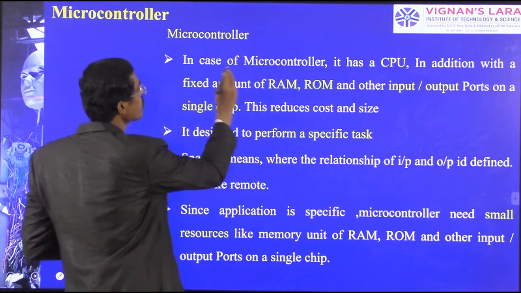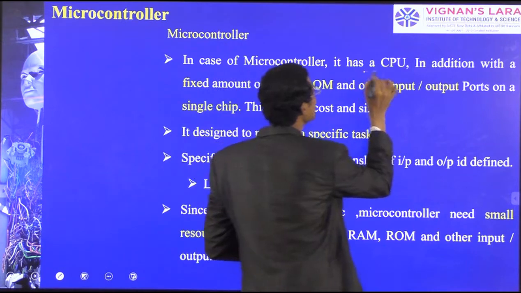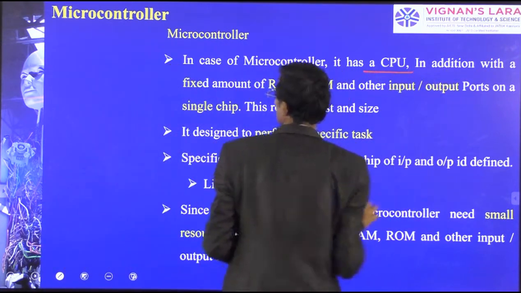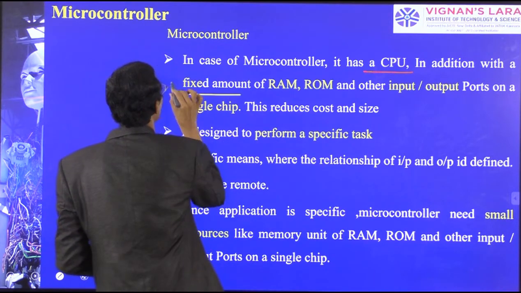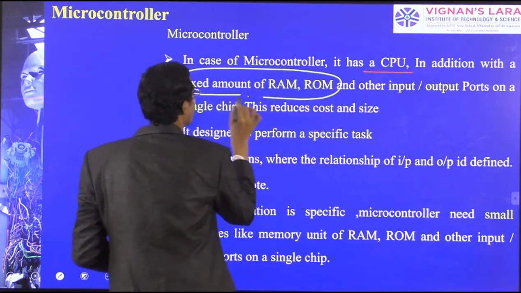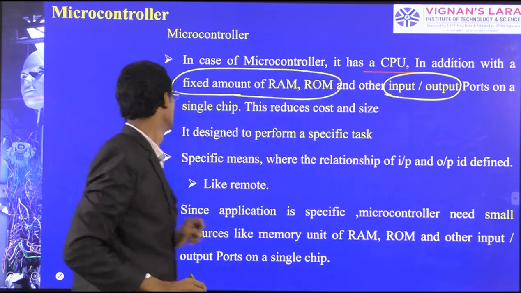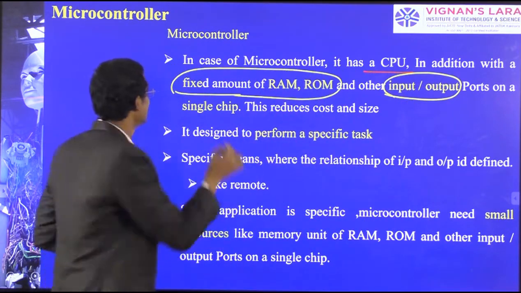In the case of a microcontroller, it has a CPU, in addition with a fixed amount of ROM and RAM, and a fixed amount of inputs and outputs, all on a single chip.